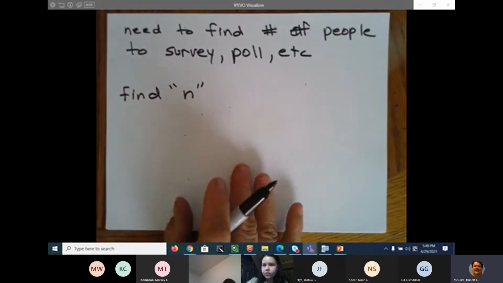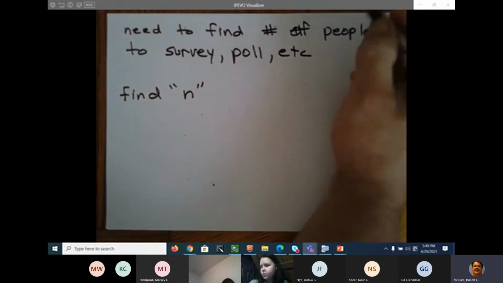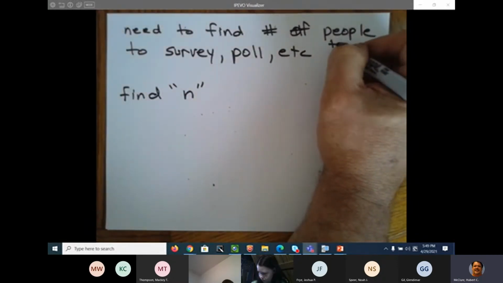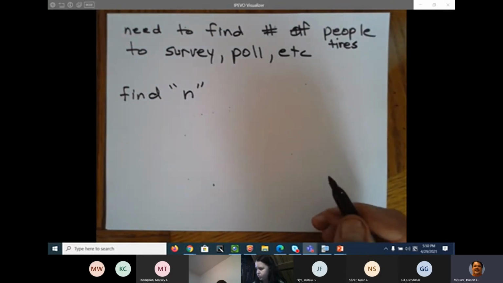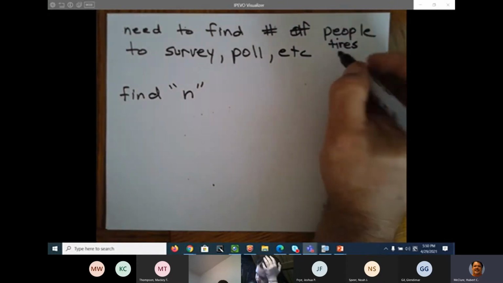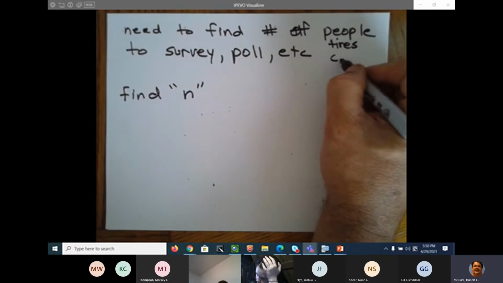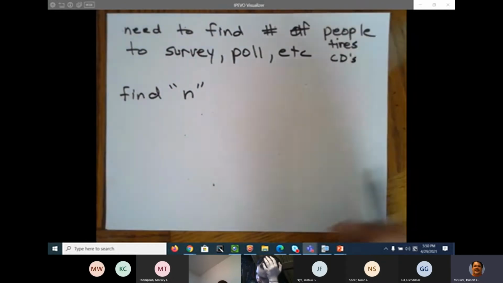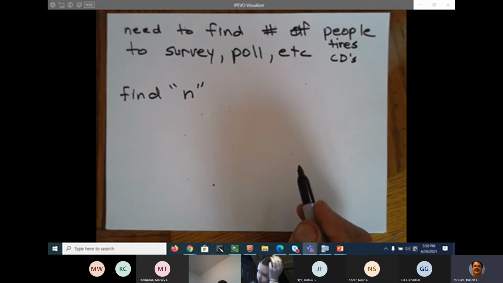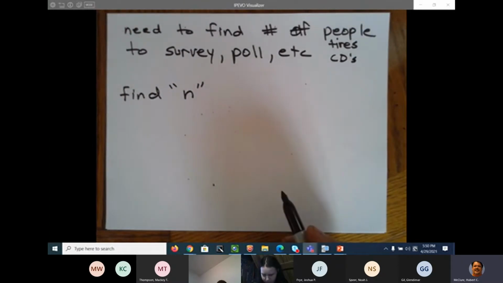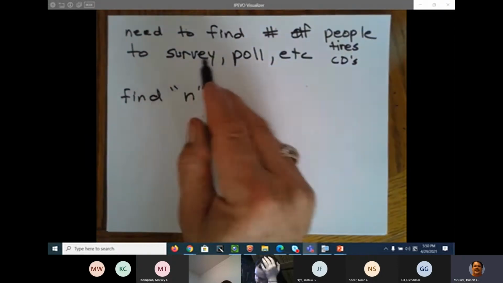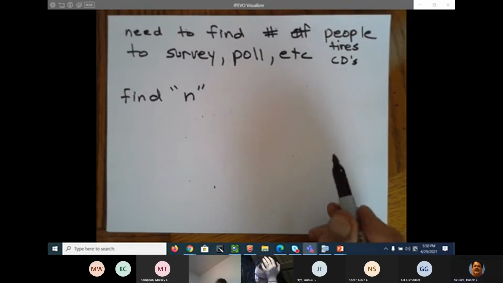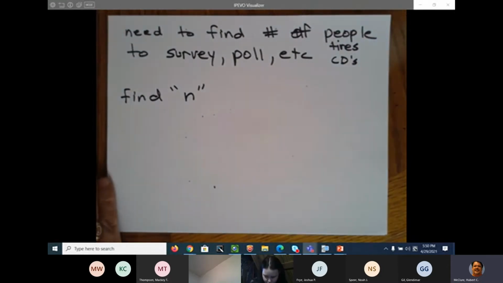Or it could be how many tires to pull. If I worked at Michelin, how many tires to pull to make sure we don't put out a bunch of defective tires. If you work at Cryovac and you make CDs, how many CDs to pull when you're trying to figure out how many defective CDs Cryovac's making. So the number you need to poll, pull, whatever you want to call it, that's finding n.